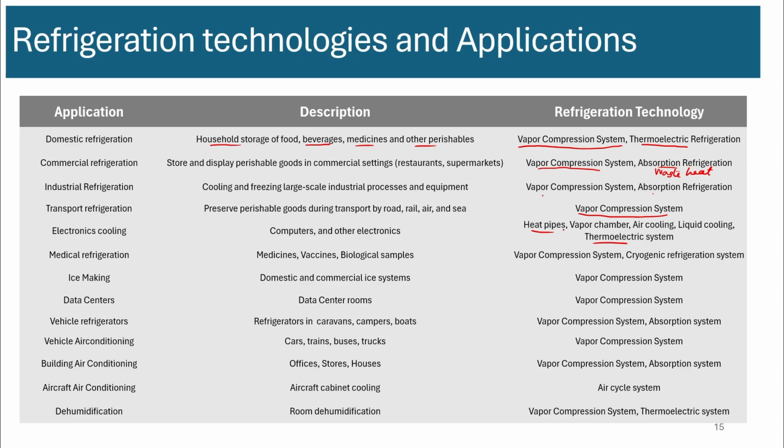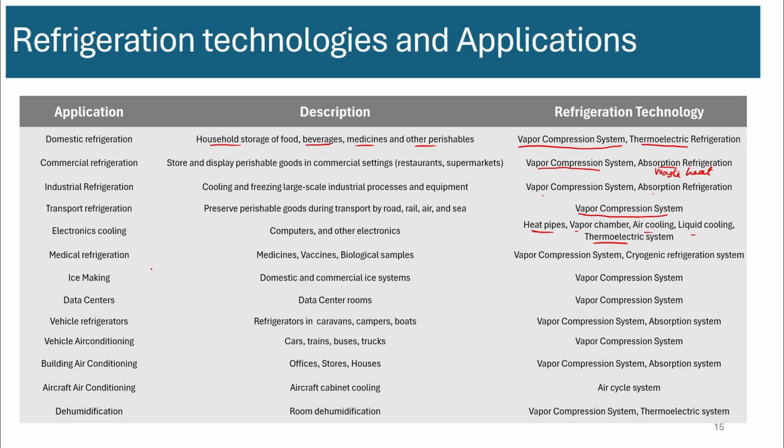One of the problems with vapor compression systems is that it's not easy to make them small. So in such situations, you use alternative methods: air cooling, liquid cooling. But there are some systems that do use vapor compression, for example some cameras, thermal cameras, that need cooling. I've seen that they use a small-scale vapor compression system.